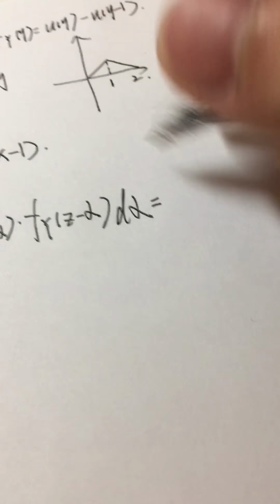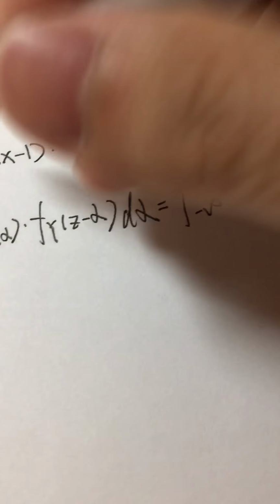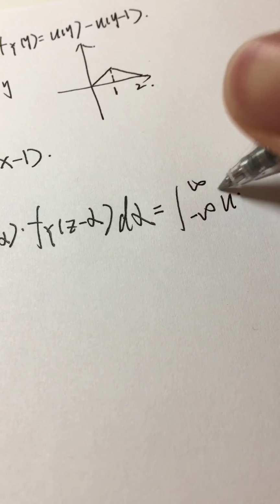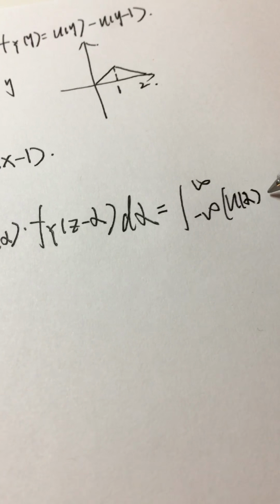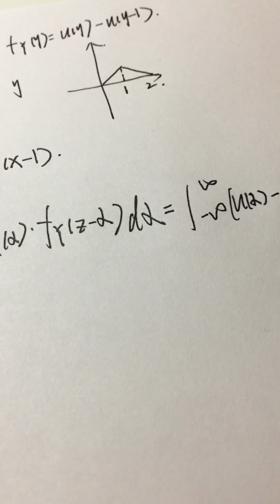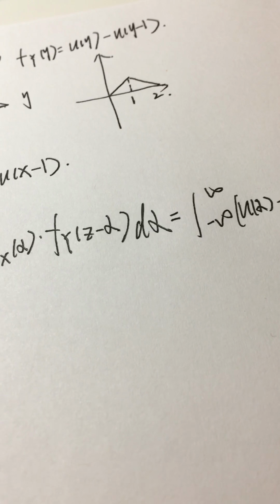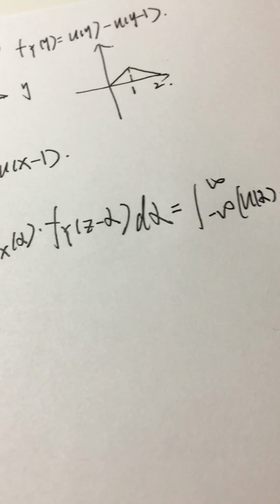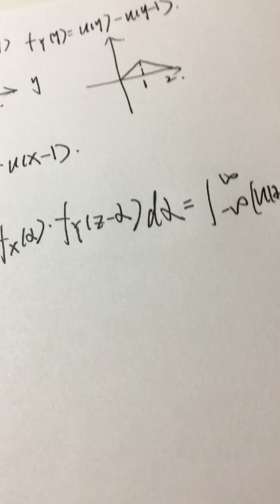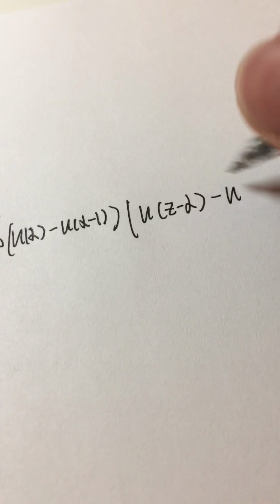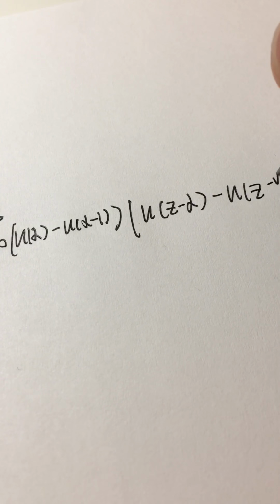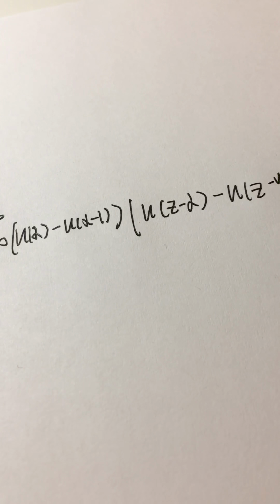as the integral of [u(alpha) minus u(alpha minus 1)] multiply [u(z minus alpha) minus u(z minus alpha minus 1)].